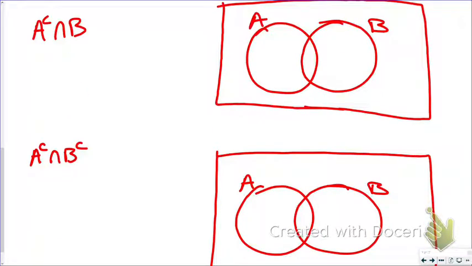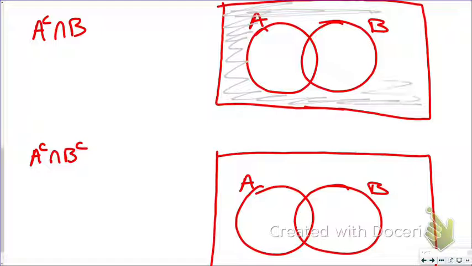All right, let's do two more, and we'll be done. So draw those, hit pause. Here we go. So I'm going to shade all of not A. And you may already have figured out how to do these without having to shade twice.